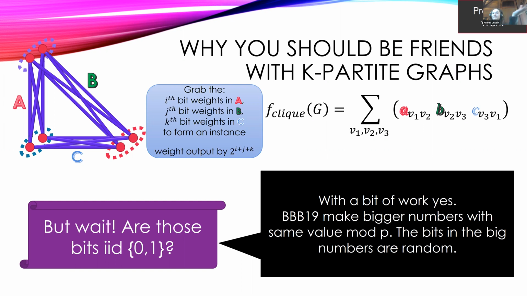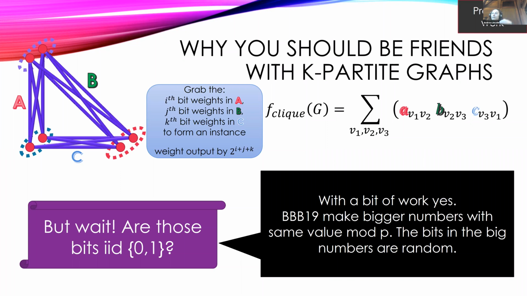So Juan de Sara et al. have this technique where they take a given number that's equal to, say, c mod p, and they generate a random, much larger number that has the same value mod p. And now we can use the same technique as before, but all the bits in this big number are very close to random. They have a very small total variation distance. If you're interested in that technique, I can talk about it offline, or you can look at the paper.